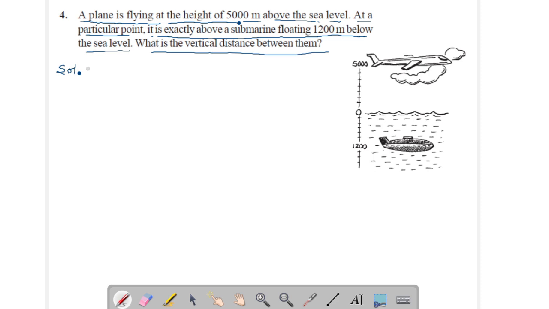Height of plane above sea level equal to 5,000 meters.